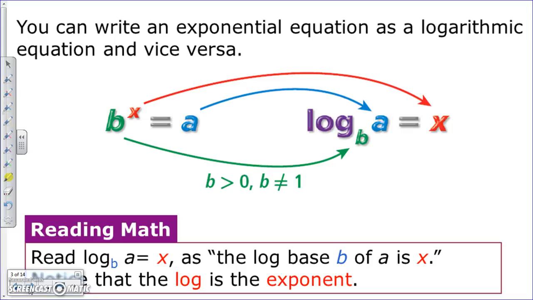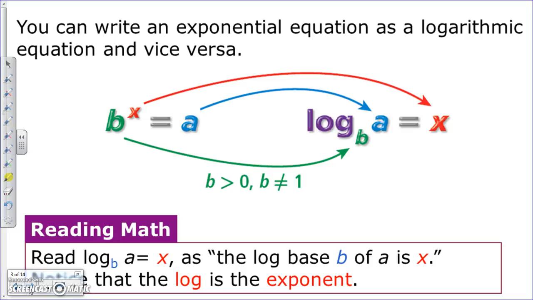That can be converted to, and this is how you read it, log base b of a is equal to x, all right? So you see that the exponent from the exponential value, that x, is what your log is set equal to. So your log is the exponent, all right? That's how we're going to solve.